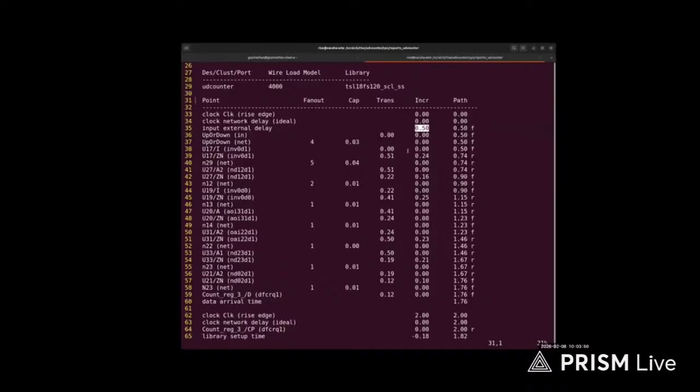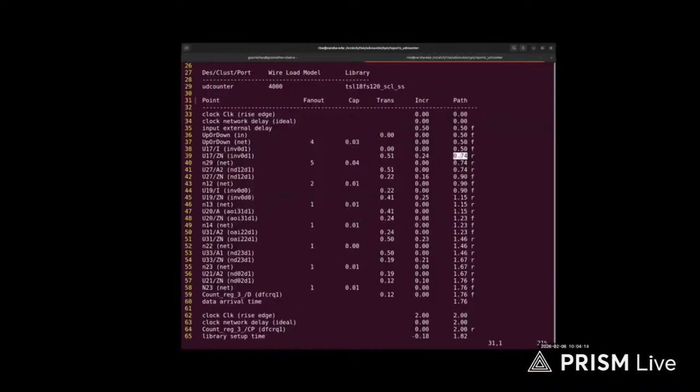Then you have this inverter at line number 39, and there is a delay of 0.24 nanosecond. This 0.24 nanosecond is picked up from the standard cell library of this inverter. 0.24 plus 0.50 is going to be 0.74 nanosecond.